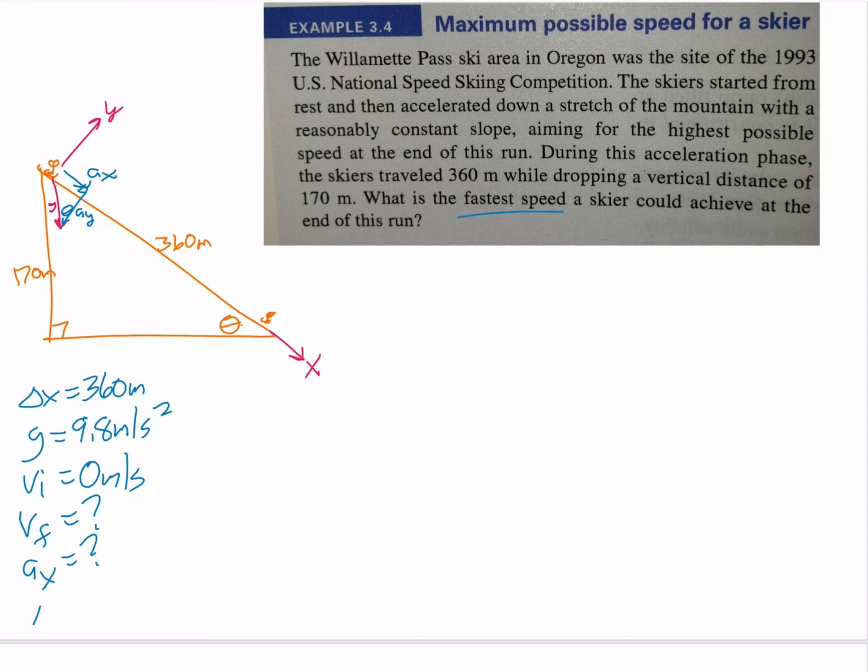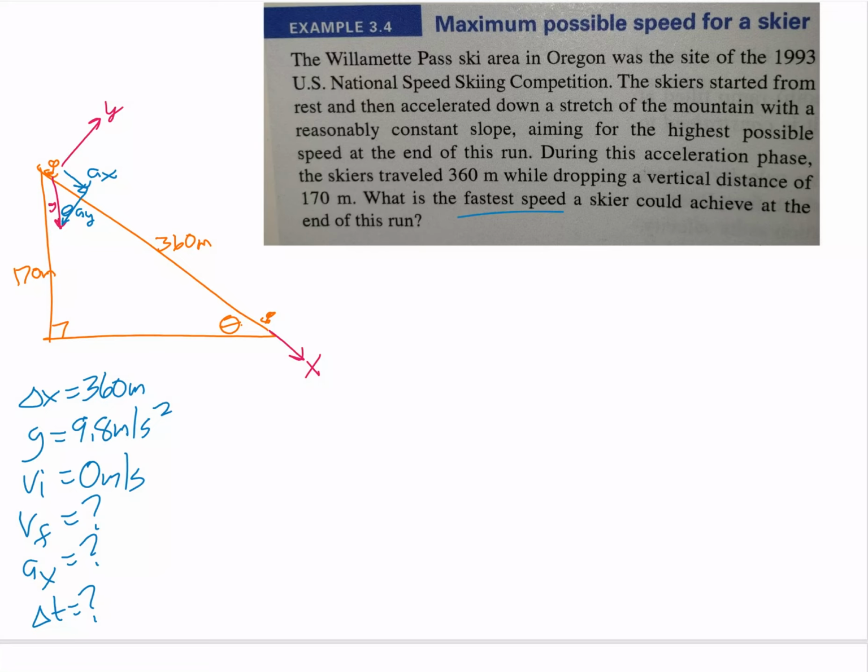So delta t we don't know either. We may not need to calculate time. We're trying to find the fastest speed going down the hill, but we will need a sub x to do that.